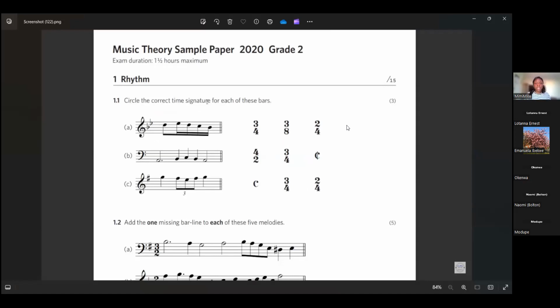Okay, so this is classwork. As you can see, it is like a sample paper from 2020. This is a time signature question. So can we attempt 1.1? I'll give us maybe 2 minutes.